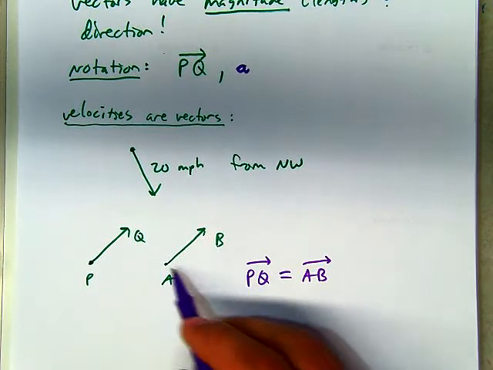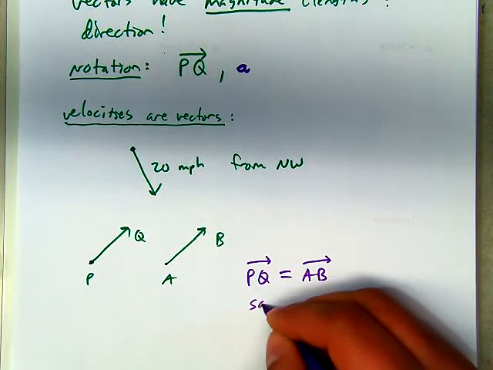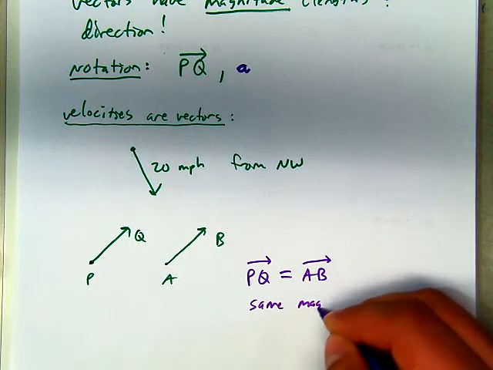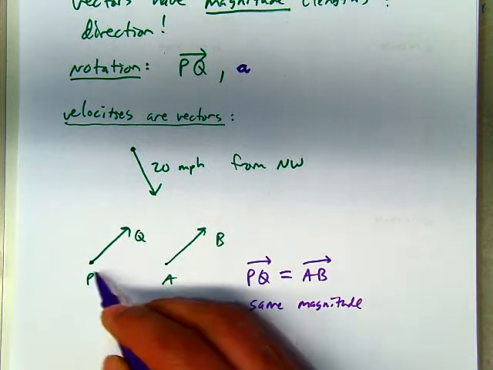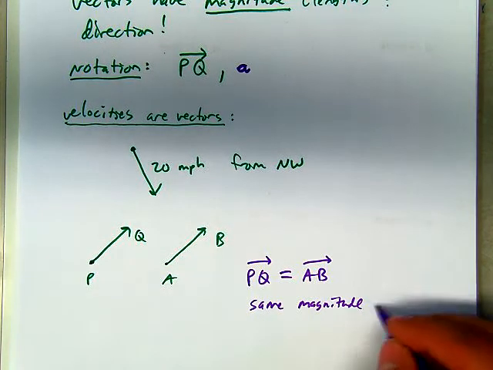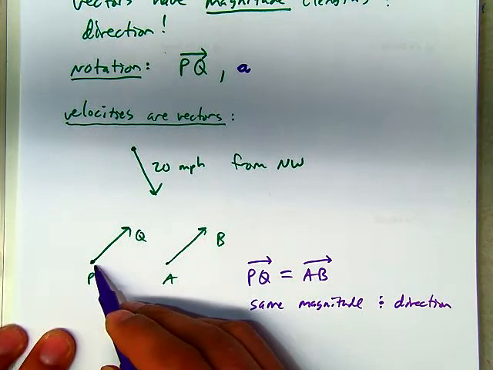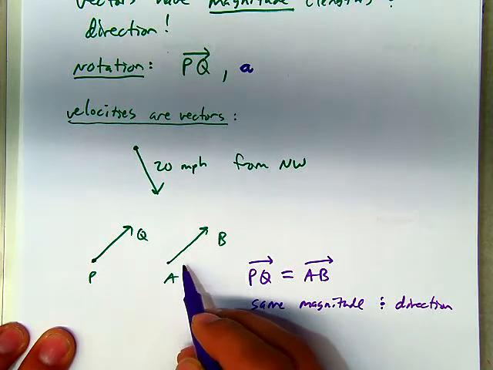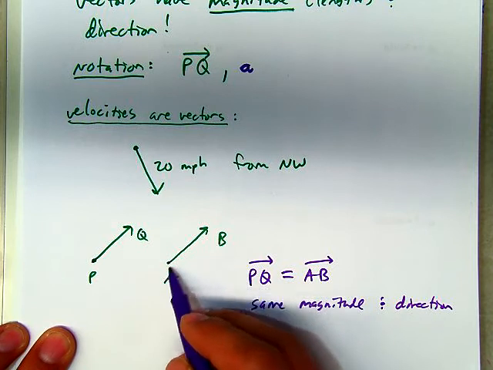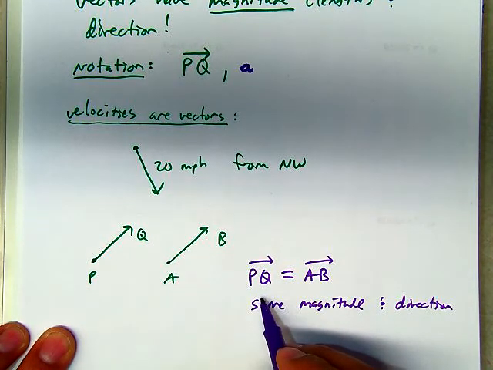And the reason that they would be equal, you have to have two things. They have the same magnitude. So if you look at P to Q and A to B, it looks like they're about the same length. And also the same direction. So because these vectors are exactly the same, pointing in the exact same direction and have the same length, we say that these two vectors are equal.